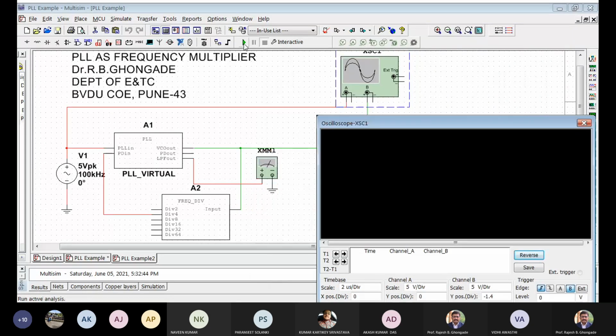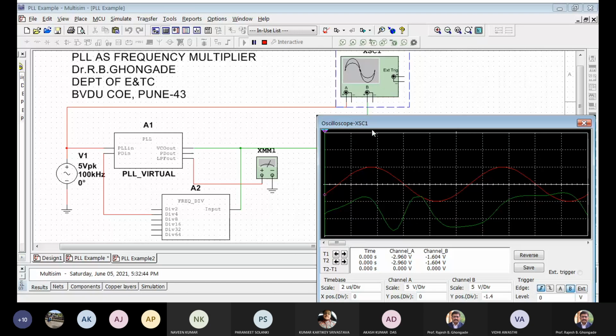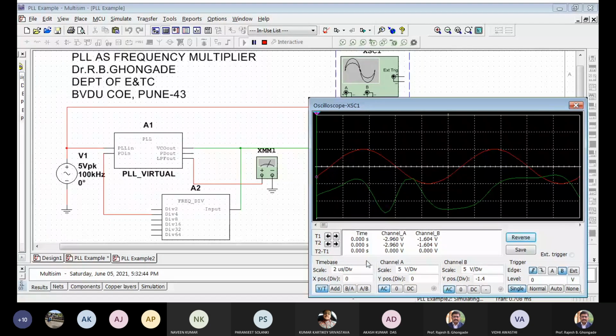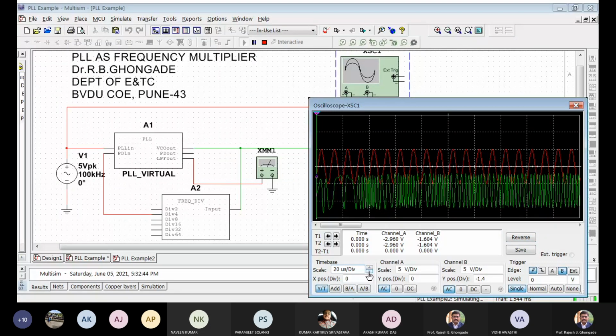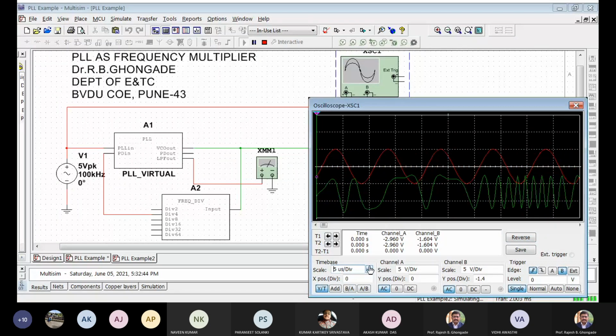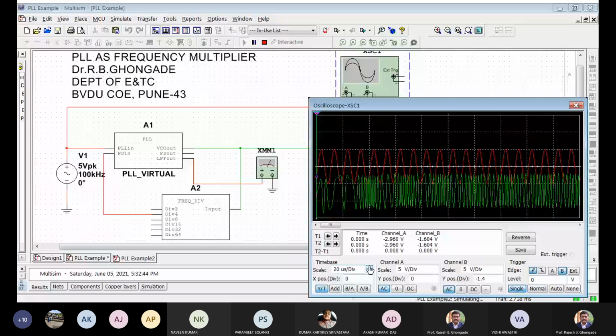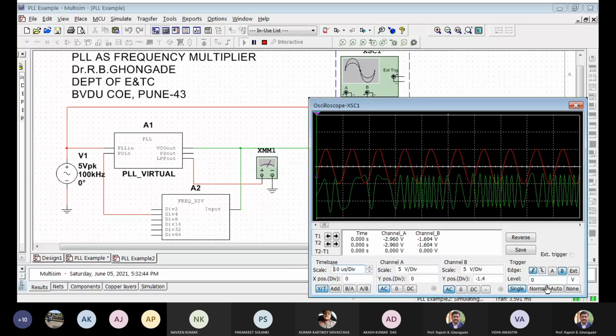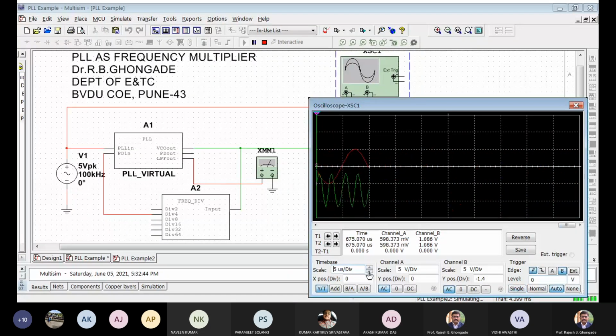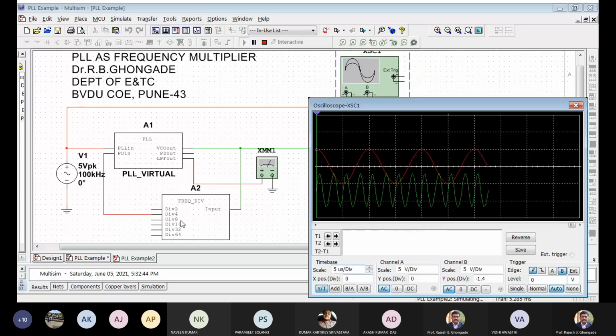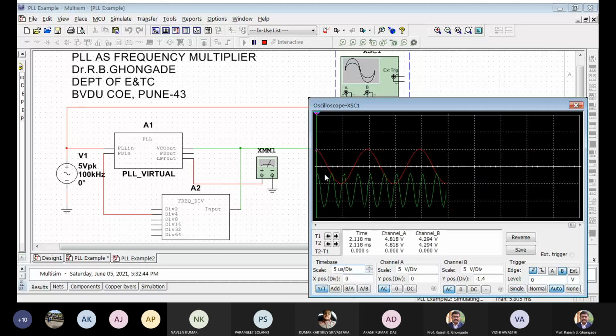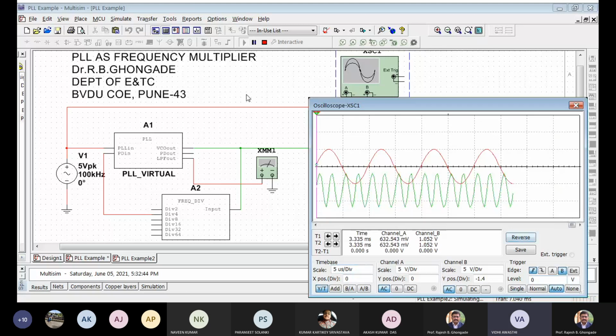So this is an application. There will be multiplication of the input frequency. You see that the output frequency is a multiple of the input frequency. See that?